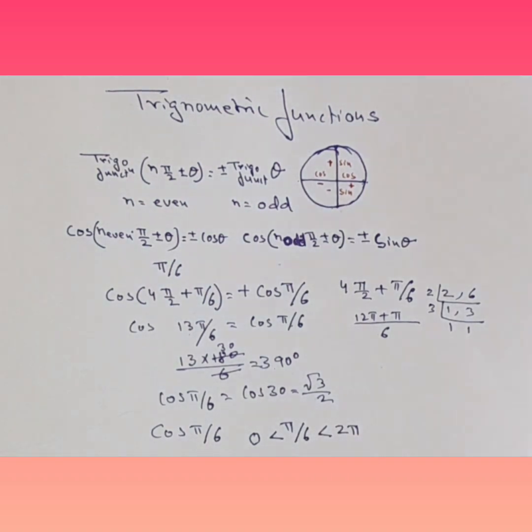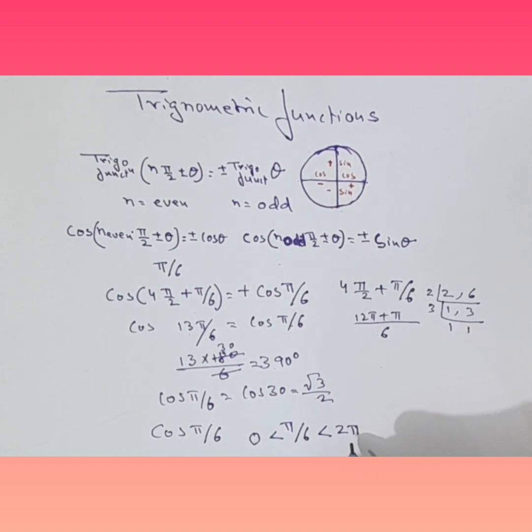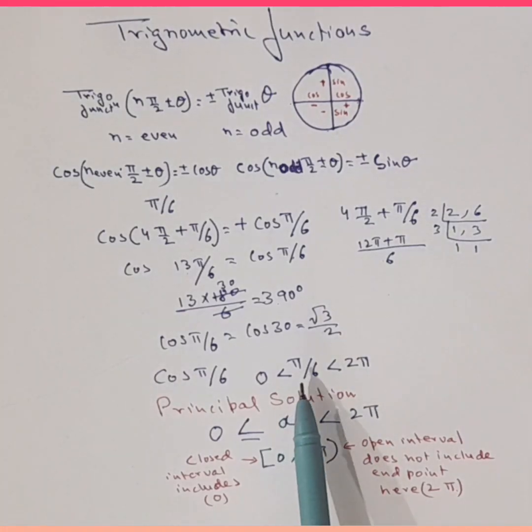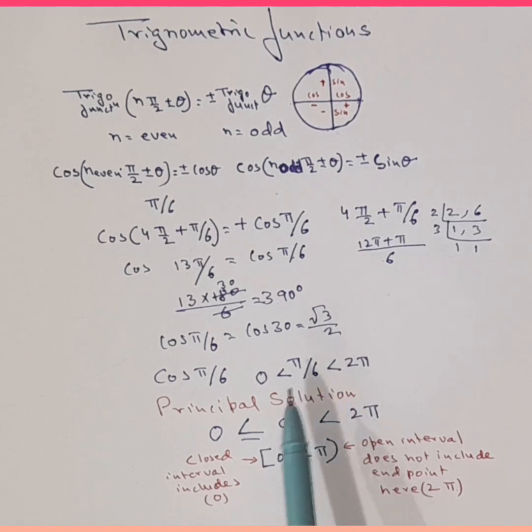Whereas this one is greater than 2 pi. Now pi by 6 is greater than 0 and less than 2 pi. Now this is called the principal solution.